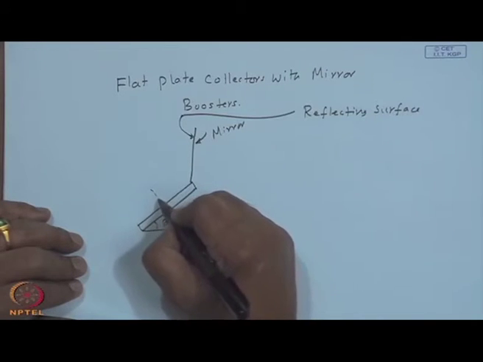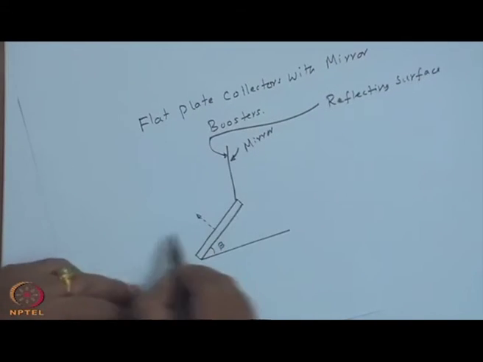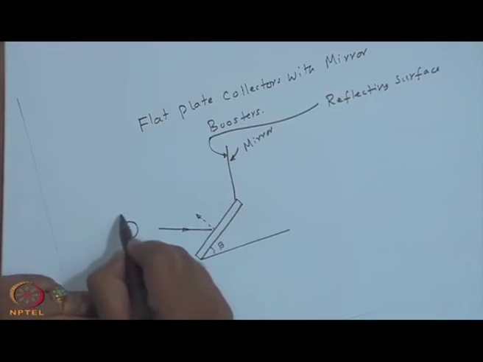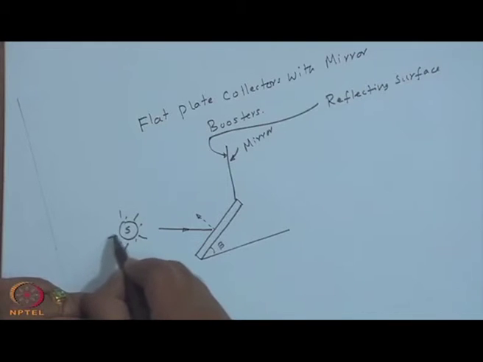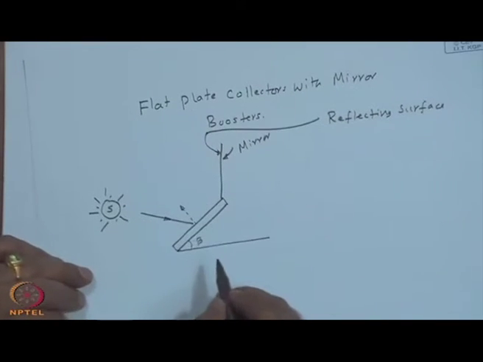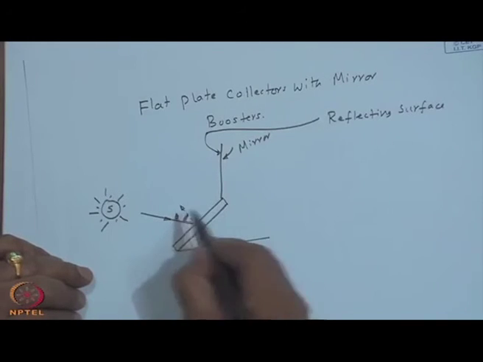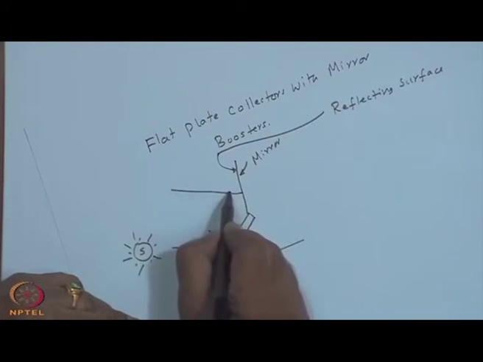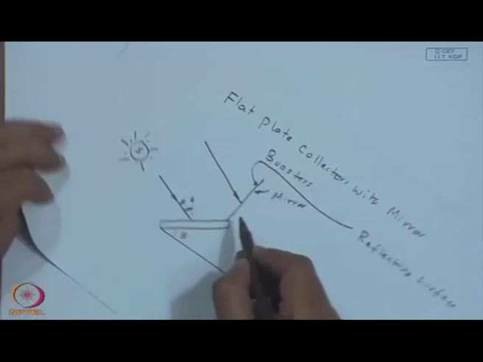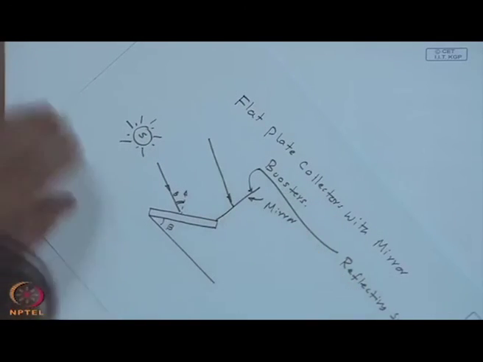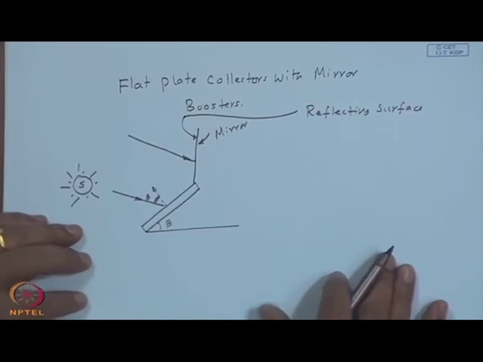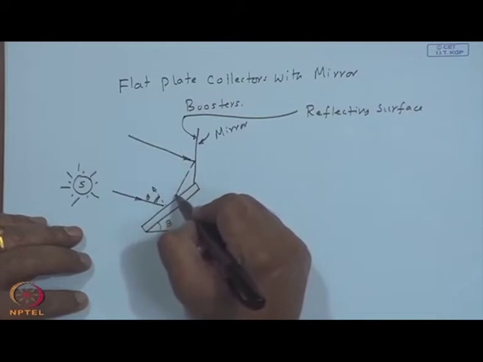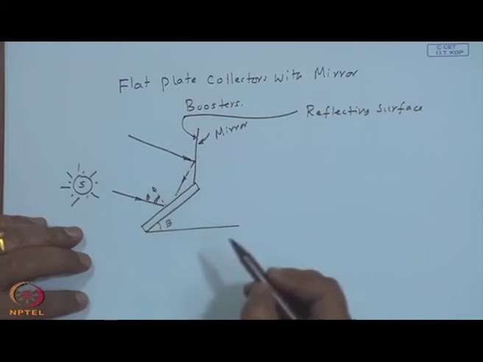If this is the outer normal, let us say that this is the sun's ray, here is the sun. So, this is my angle of incidence. So, the same ray parallel falls on the reflector, and this may be incidentally coinciding with the normal, but this will be reflected onto this.